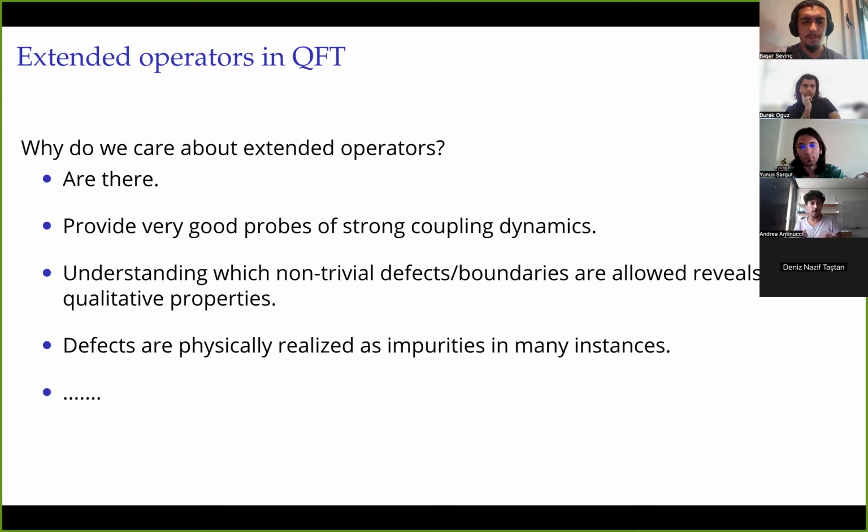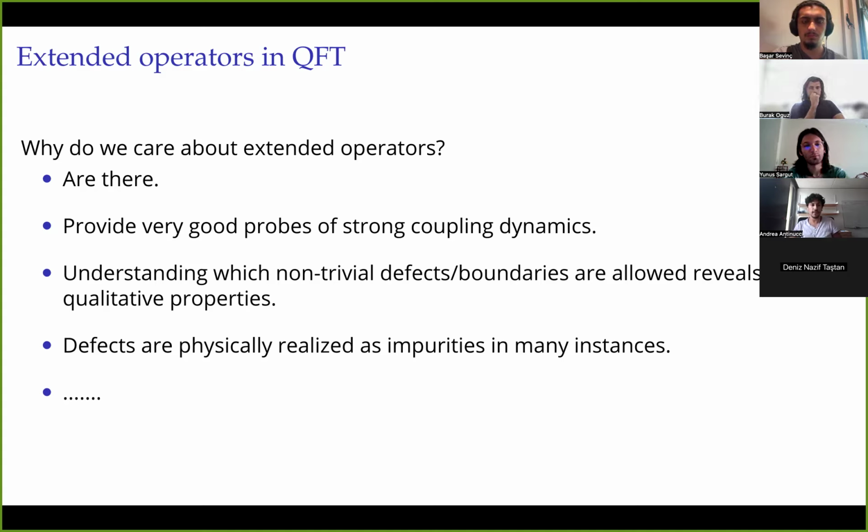And even more generally, there are many properties, even local properties of quantum field theory, that are very well tested and probed if you start studying your CFT in the presence of defects, boundaries, and all these kinds of things.